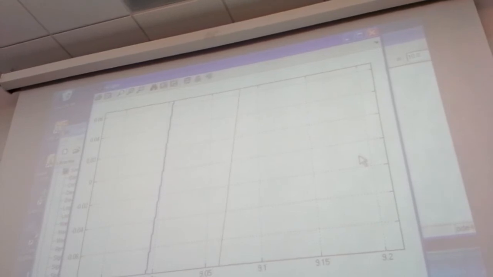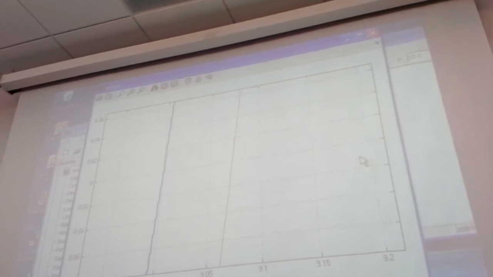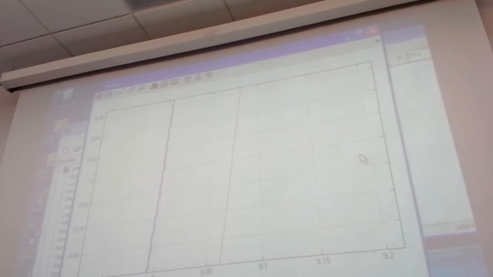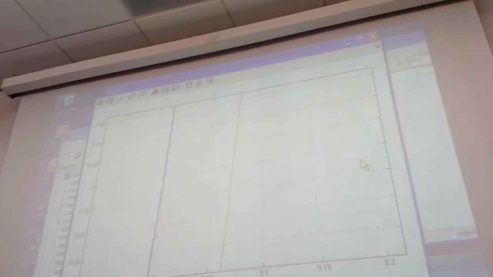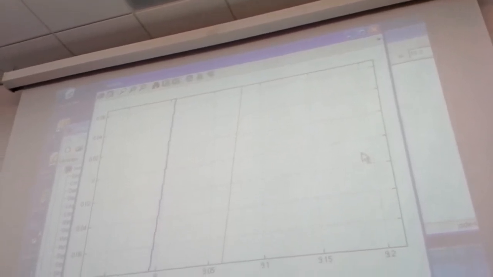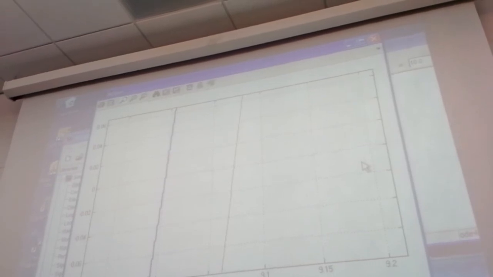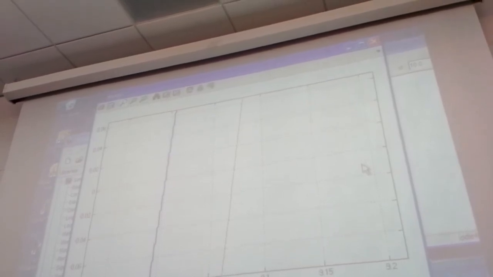The magnitude is 0.84 at 1 Hz, 0.622 at 2 Hz. If the frequency is higher, the gain is smaller; if it's low, it should increase. The gain is 1. DC gain is this. This is the DC gain, because the DC gain is 1. But the gain is reduced when the frequency increases. Okay?